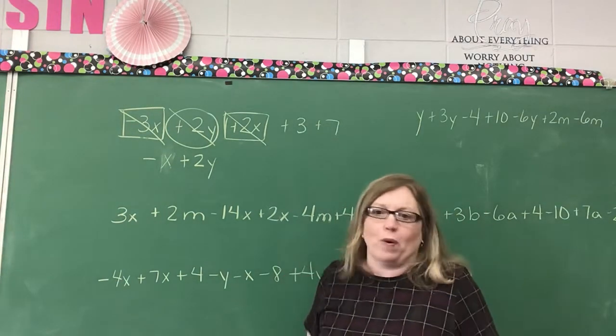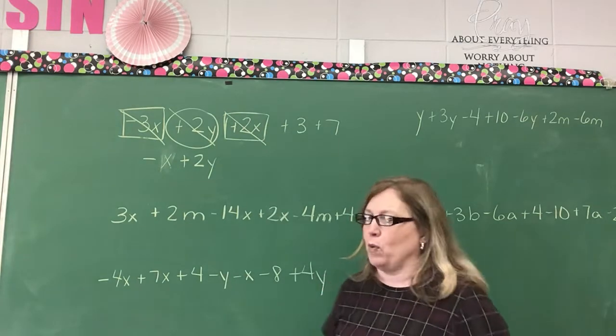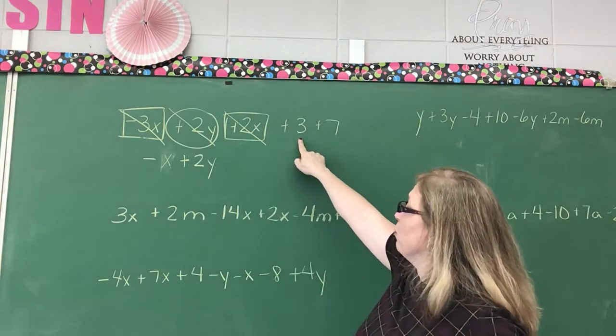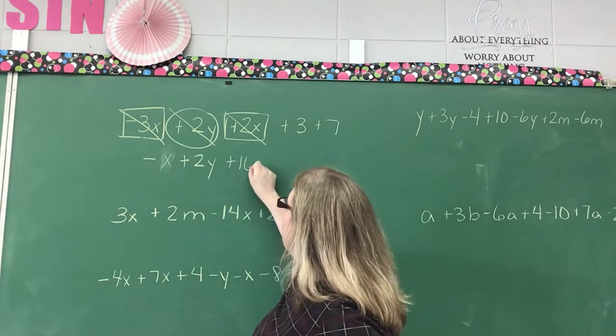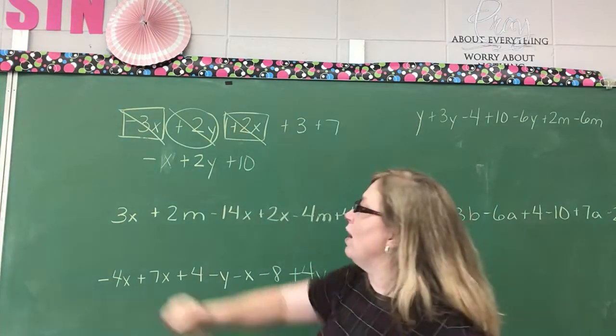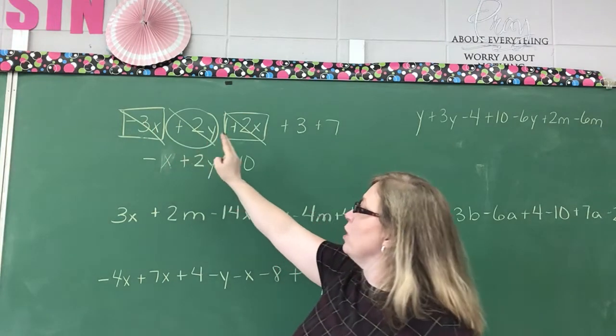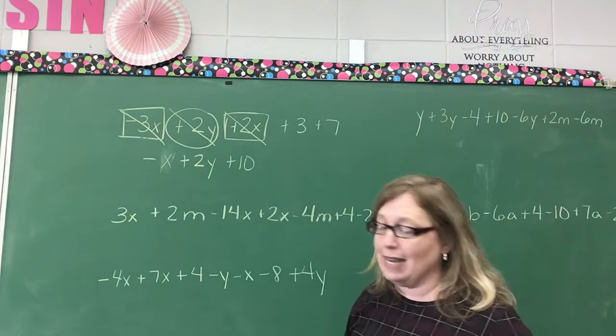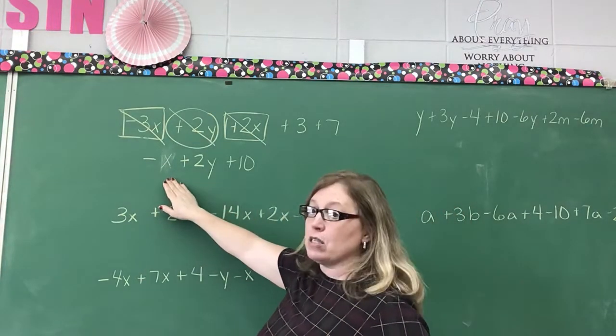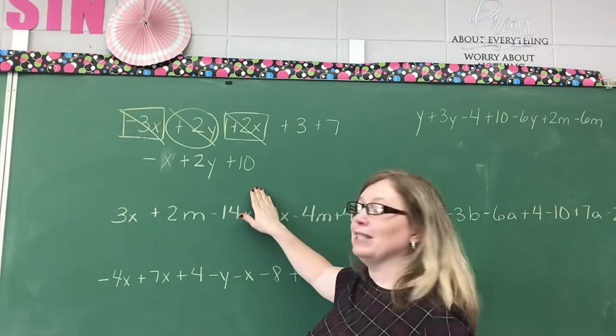The numbers that don't have any variable, they don't have any letter with them. So I'm going to say 3 plus 7 is 10. What is the answer to negative 3x plus 2y plus 2x plus 3 plus 7? Negative x plus 2y plus 10.